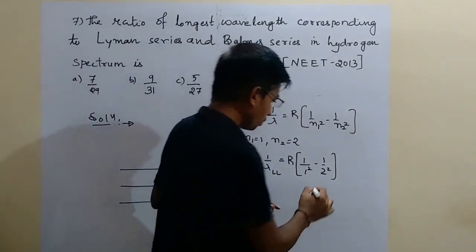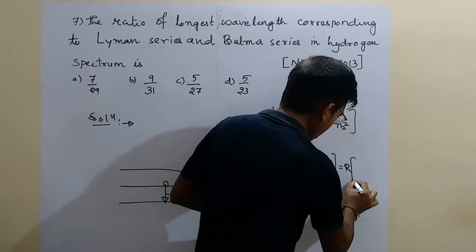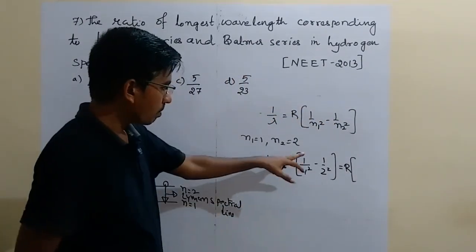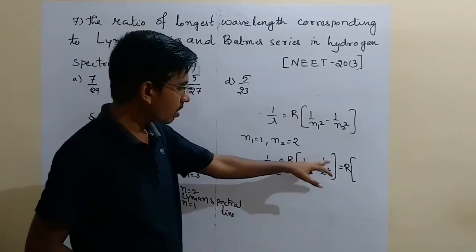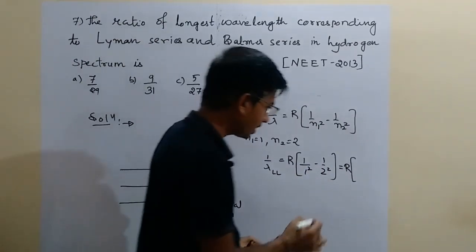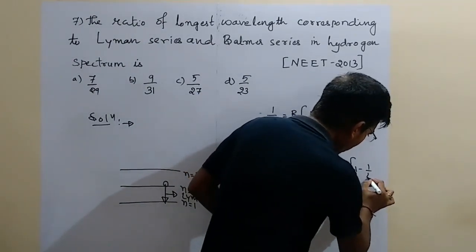Okay. So that is equal to R into 1 upon 1 square, that is 1, minus 1 upon 2 square, that is 4. That is 1 minus 1 upon 4.